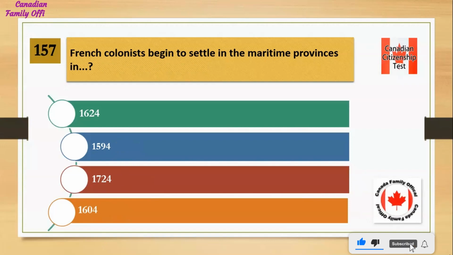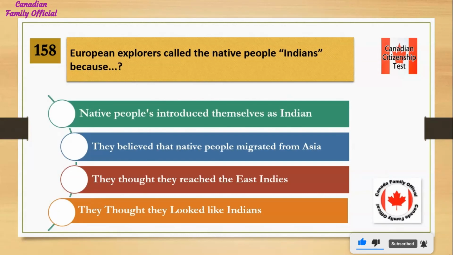French colonists began to settle in the maritime provinces in Number 1 1624, Number 2 1594, Number 3 1724, Number 4 1604. And the answer is 1604.